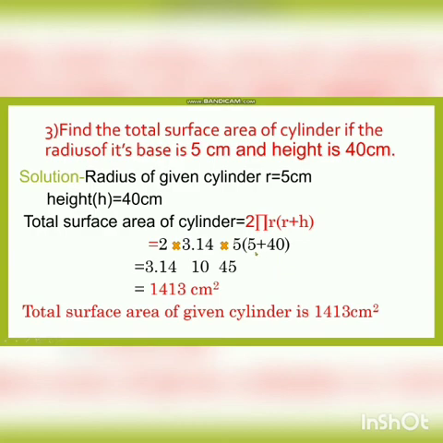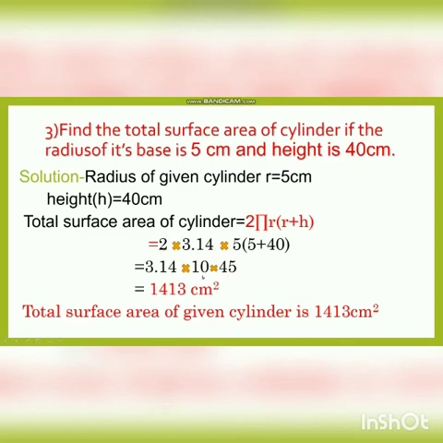First solve the bracket: 40 plus 5 becomes 45.